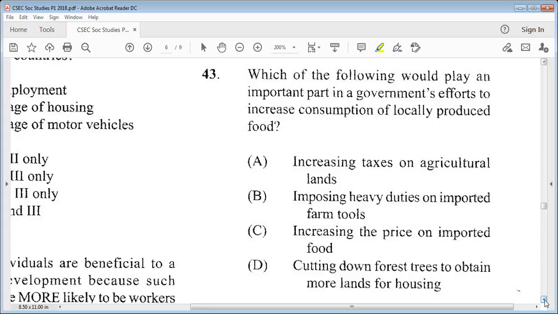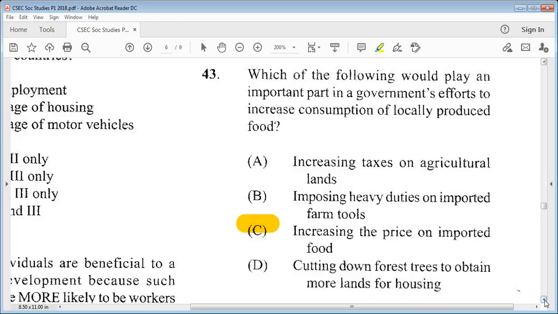Well, no, it's not closely related. Let's look at C, increasing the price on imported food. Yes. So persons are forced to increase their consumption of locally produced food. So our answer would be C.